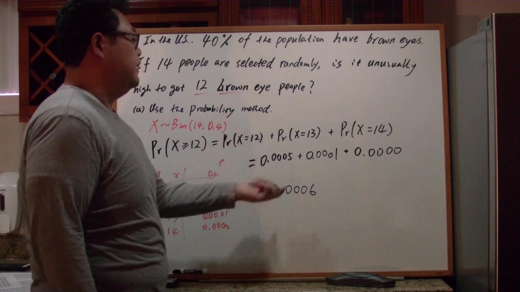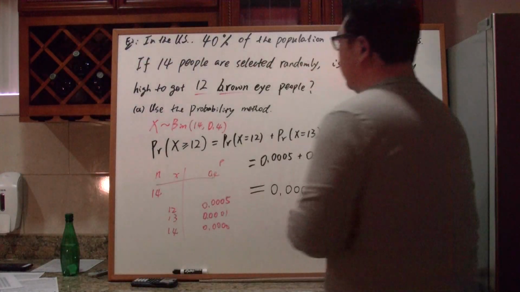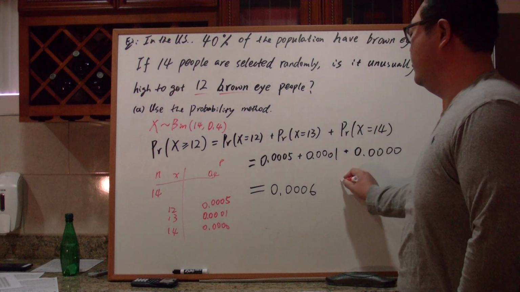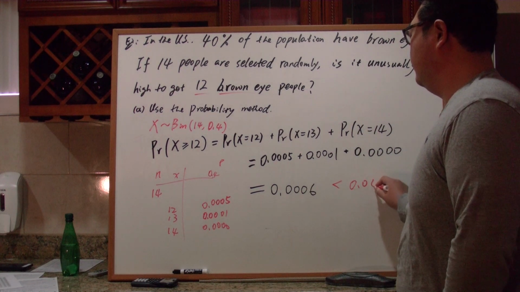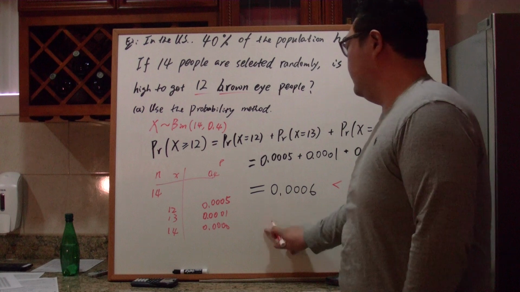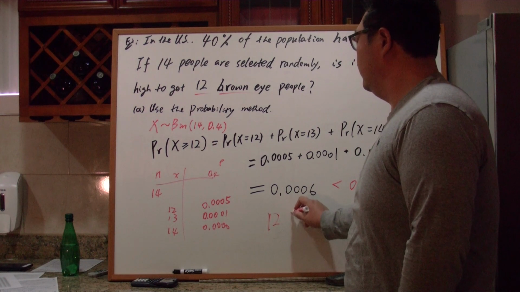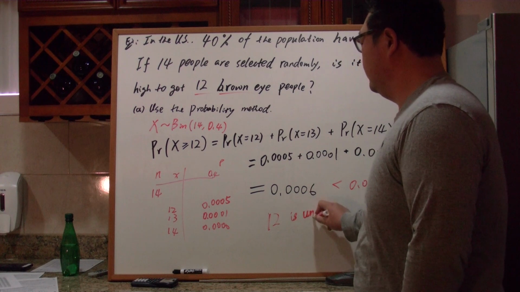Then from the probability method, we can see the probability of 12 or more is less than 0.05. Therefore, 12 is unusually high.